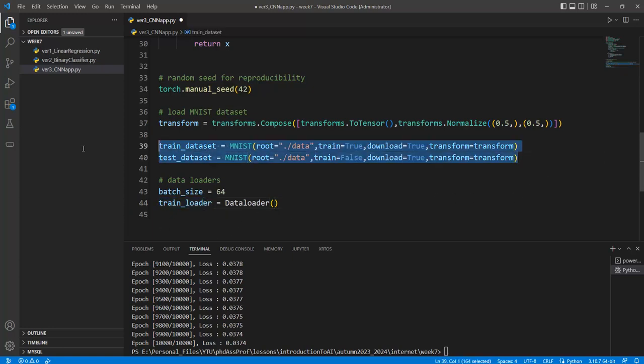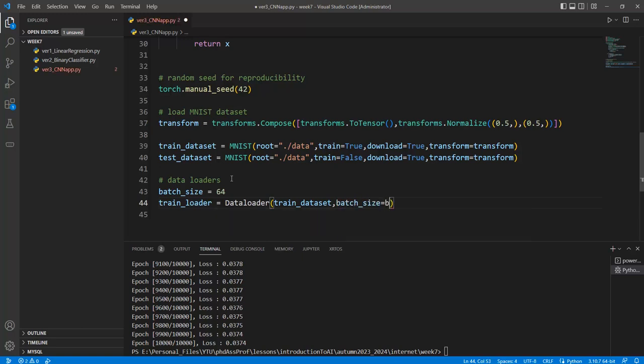Train dataset, batch size is equal to the batch size, and shuffle is true.